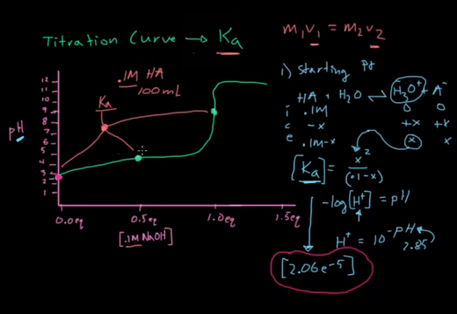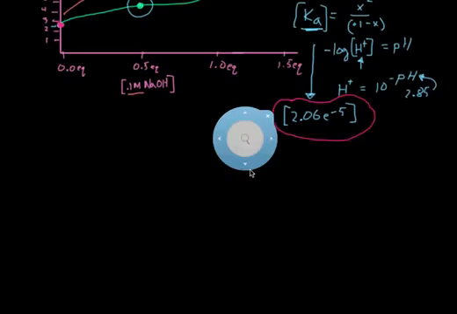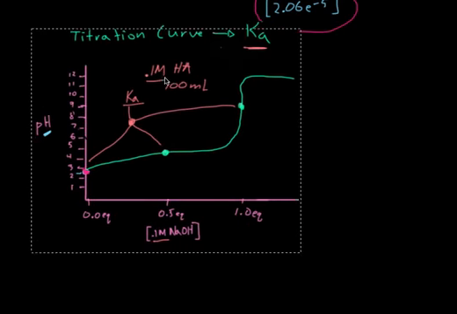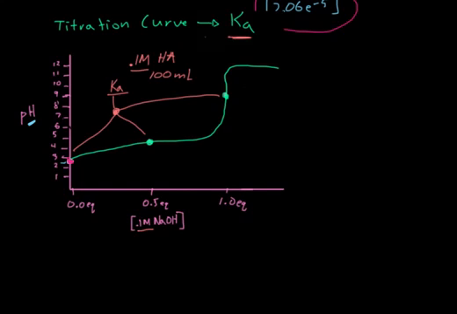Alright, now let's do it for our halfway point. I'm going to recopy the graph down here so we can see it better. What's true at our halfway point? At our halfway point, let's say if we had 10 acid, the halfway point would say that we have 5 OH.